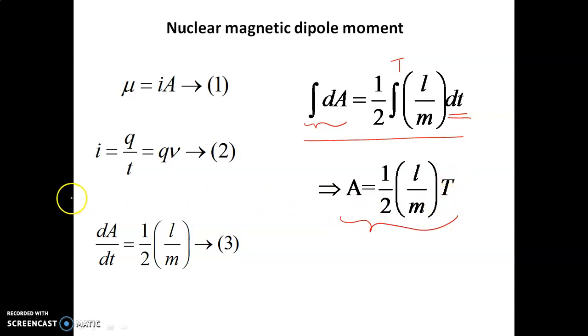So we have I is equal to Q nu and A is equal to this. So let us see how this gives us mu. So we have mu L is equal to IA. I have called it mu L because now let's talk about a particle. Till now we have been talking about a circular current flowing through a circuit.